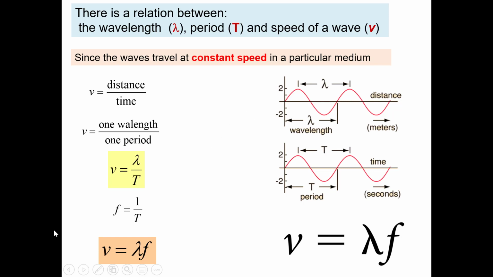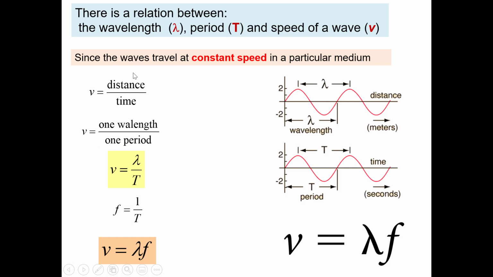In this particular case, we will focus on a special distance: the distance the wave travels in one period. What is that distance? It is the wavelength. We can measure the wavelength from here to here, or from here to here. It is the same distance.